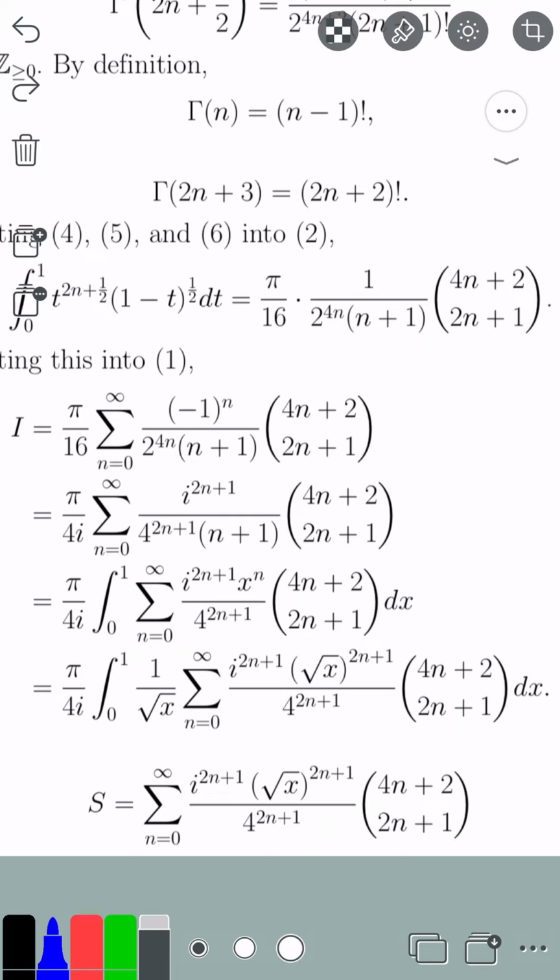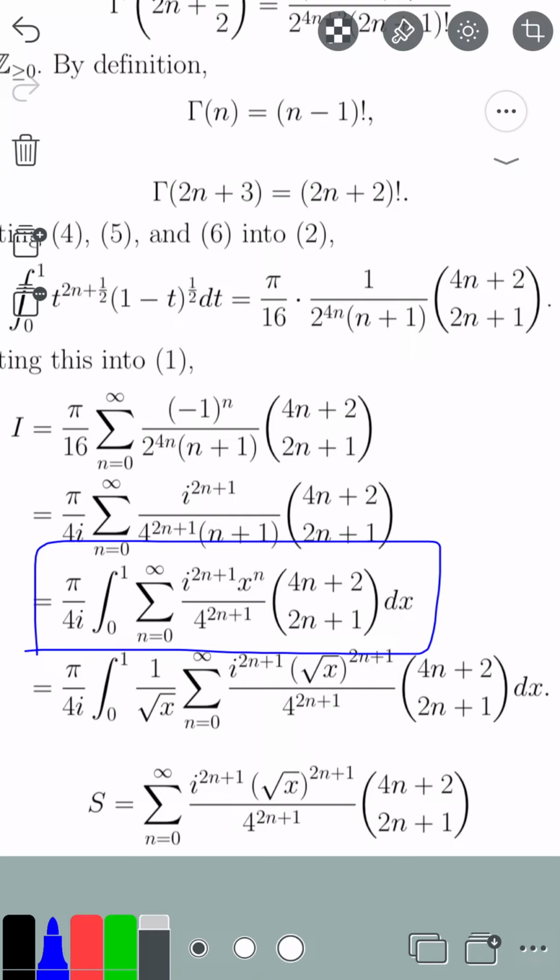So we just put that in here, and we get the integral I equal to pi over 4i times the integral from 0 to 1 of the sum from n equals 0 to infinity of i to the power of 2n plus 1 times x to the nth power over 4 to the power of 2n plus 1 times 4n plus 2 choose 2n plus 1 dx.